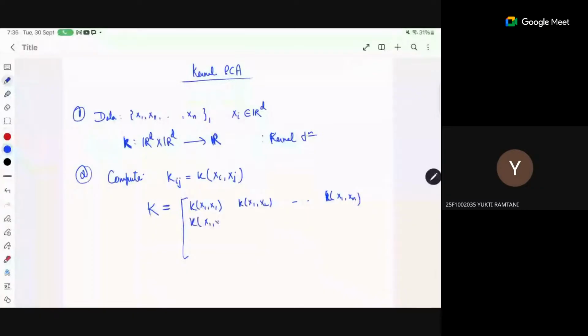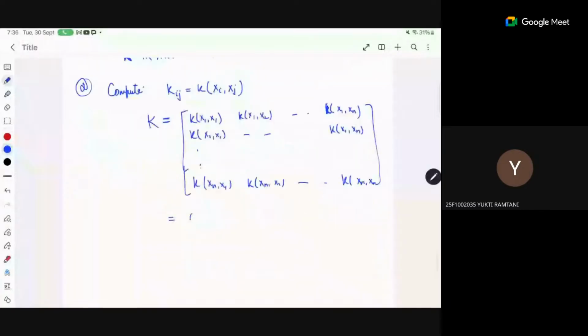Then K of x2 comma x1, and so on, K of x2 comma xn. It goes on till K of xn comma x1, K of xn comma x2, so on till K of xn comma xn. We have seen that this can be written as phi of x transpose phi of x. And we can find the eigen decomposition of K.